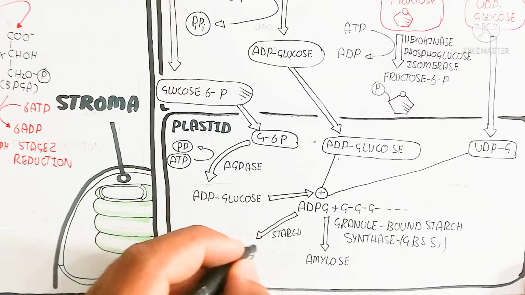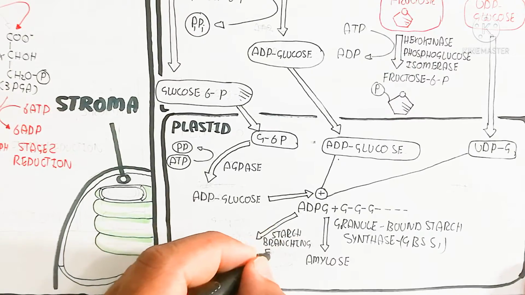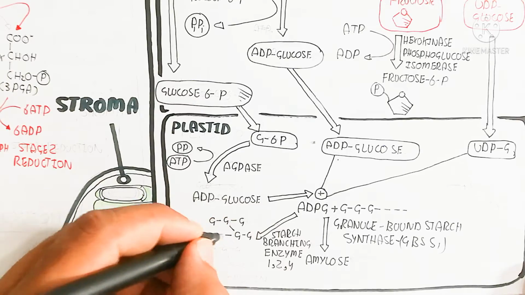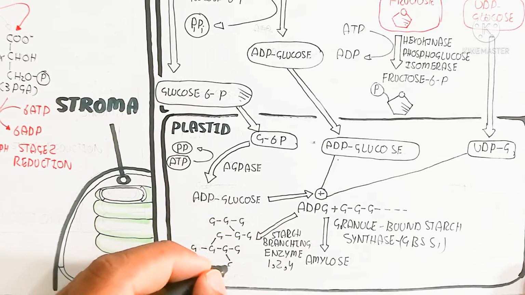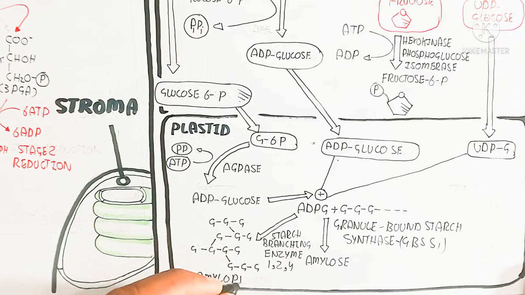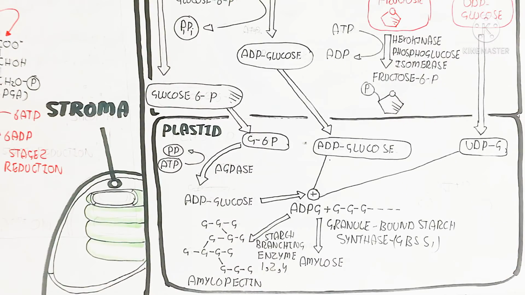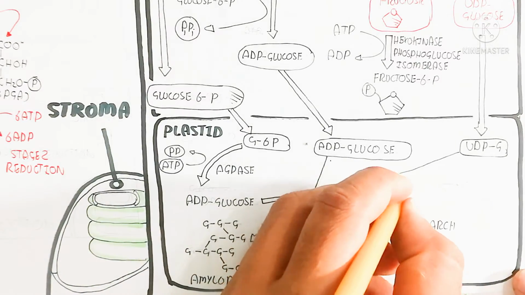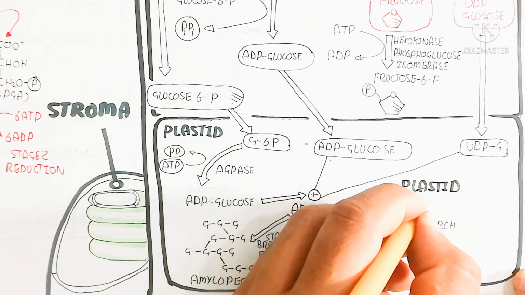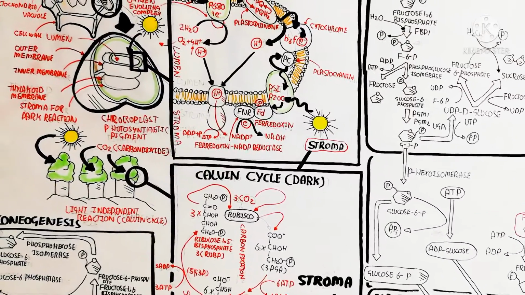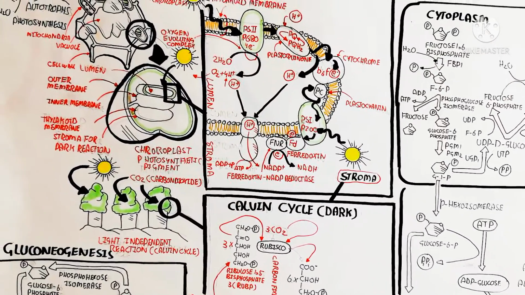So here is the granule bound starch synthase enzyme, GBSS1, which produces the amylose, and the starch branching enzyme will produce the amylopectin, and in this way the three molecules glucose 6 phosphate, ADP glucose and UDP glucose will be used for combining to produce amylose and amylopectin in this sense.